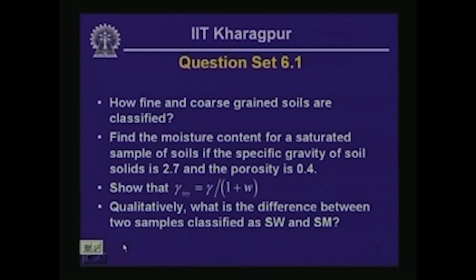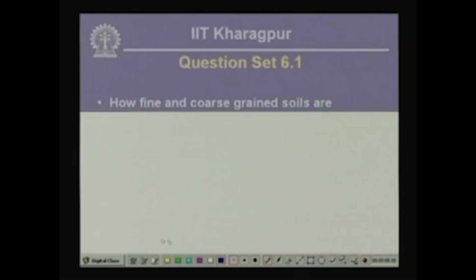Okay, the second question I gave you was to find the moisture content for a saturated sample of soil if the specific gravity of the soil solids is 2.7 and the porosity is 0.4. Okay, let's get back to the tablet. So we have to convert porosity to void ratio.